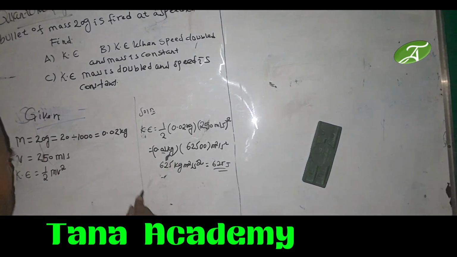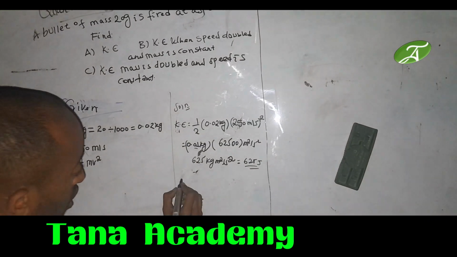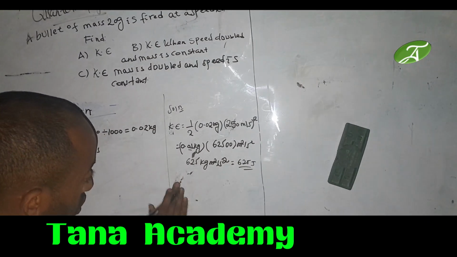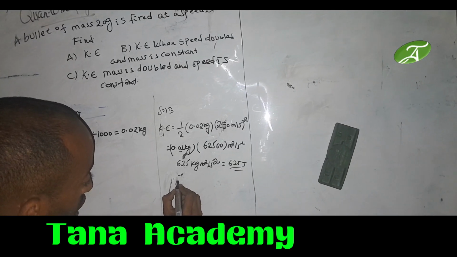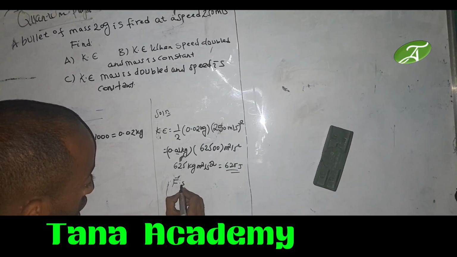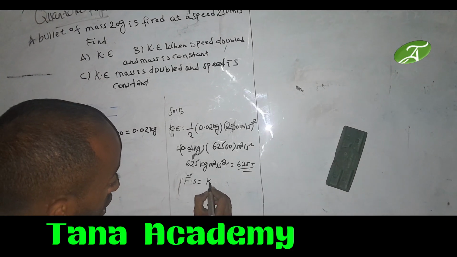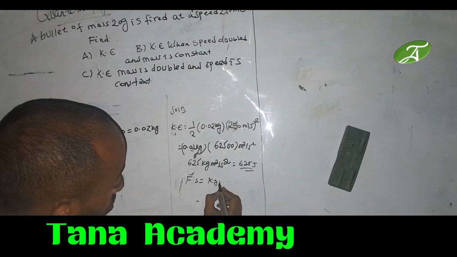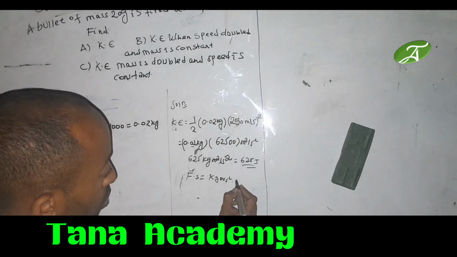How does it become joule? You can reformulate the formula without considering kilogram. Energy, or work done, is equal to force times displacement. Force is measured by Newton, or mass times acceleration, kilogram meter per second square, times meter.